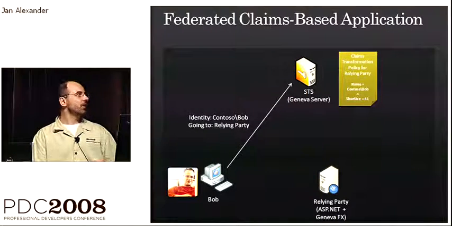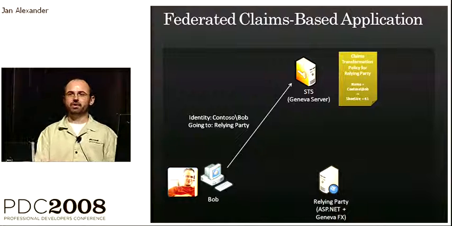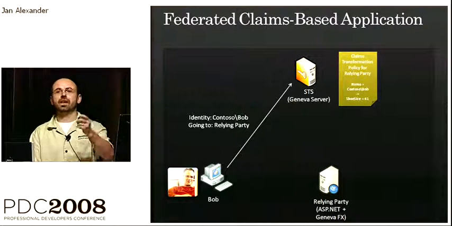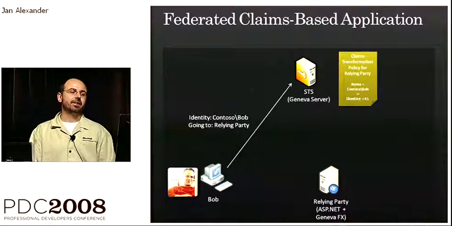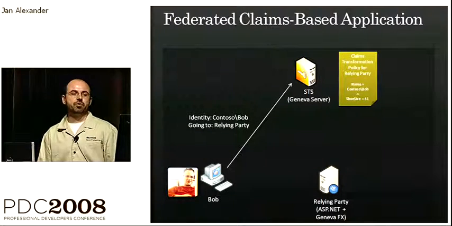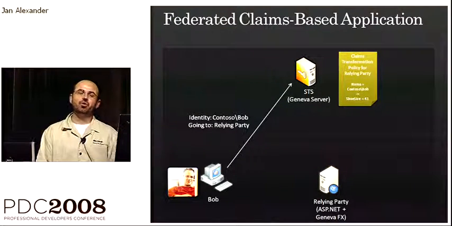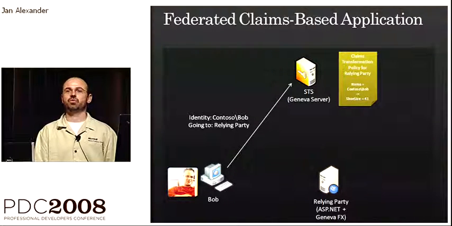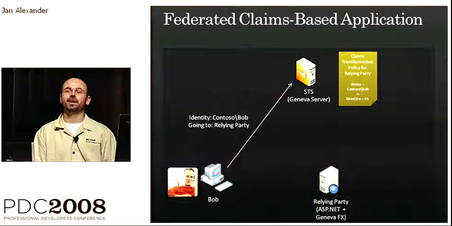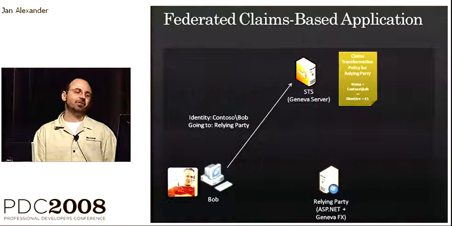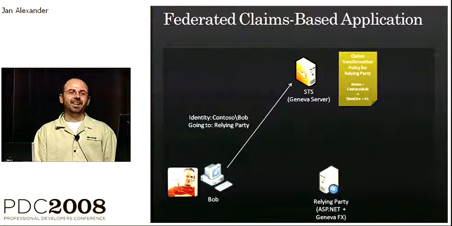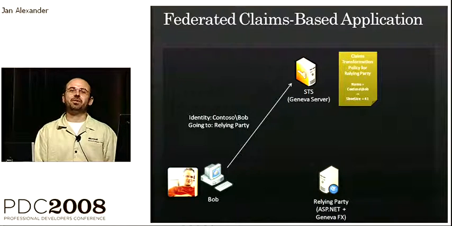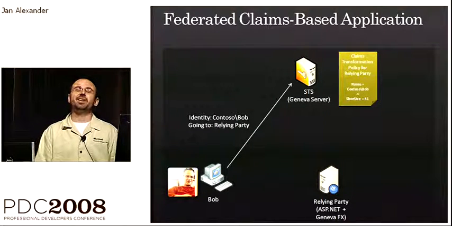So what I'm going to do is, when the user goes to the Geneva server, the security token service, and says, hey, I need a token, or claims really, for this relying party, it has a policy that says, if Bob comes, I'm going to issue a shoe size of 41, because I know that Bob has shoe size 41. Again, that number might seem high, and that's because this is a European shoe size, not a US shoe size.